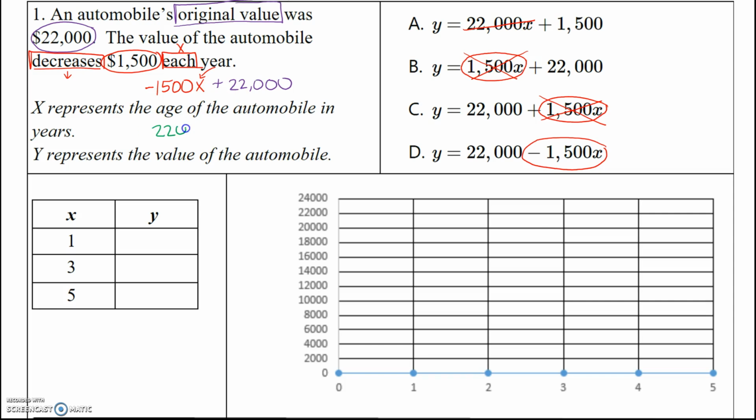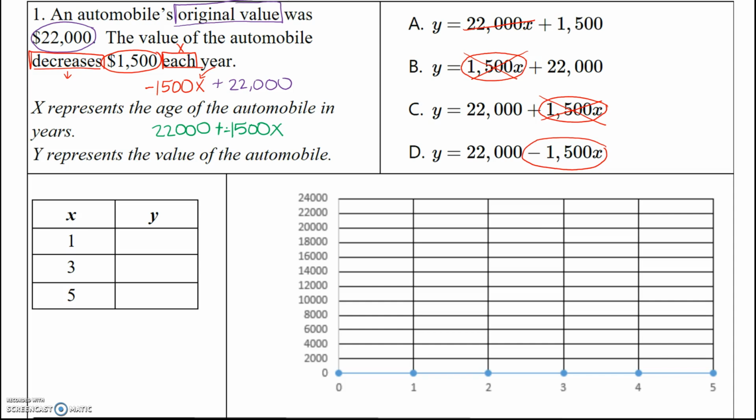So 22,000 minus 1,500x. It's the same situation, just written in a different order. You have to just make sure that you keep your signs together. So since this was negative, it can be negative here. Or it could also be plus and negative.